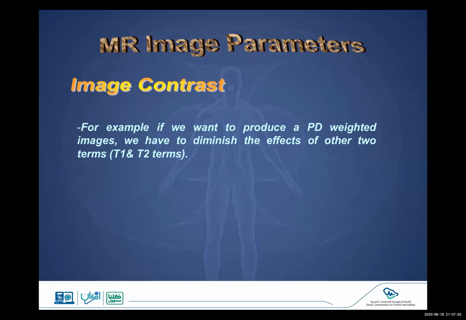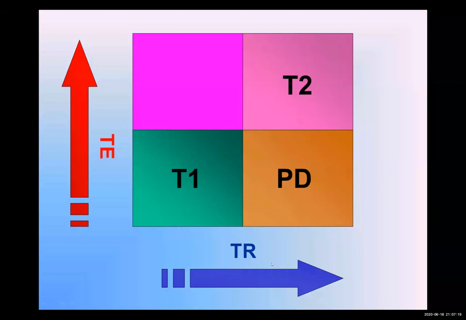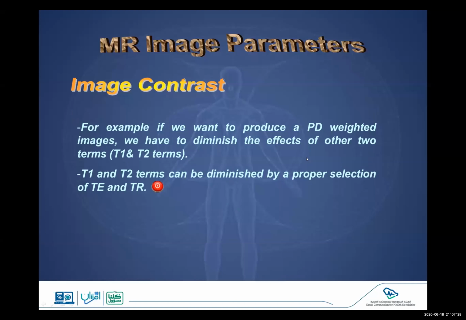We have three factors: proton density, T1 and T2. T1 and T2 can be diminished by appropriate selection of TE and TR. Making TR and TE short will produce T1 weighted images. If you select a TR and TE high, you will get T2 weighted images.